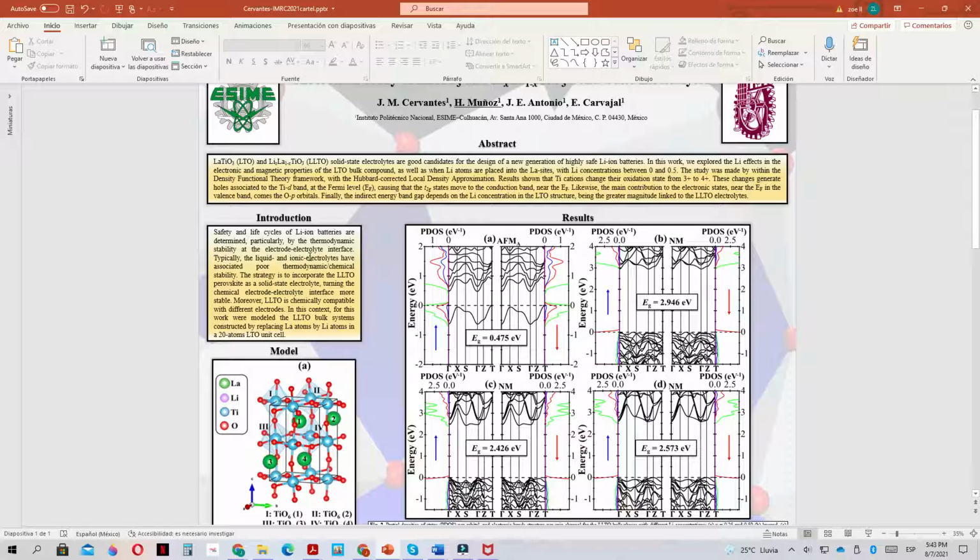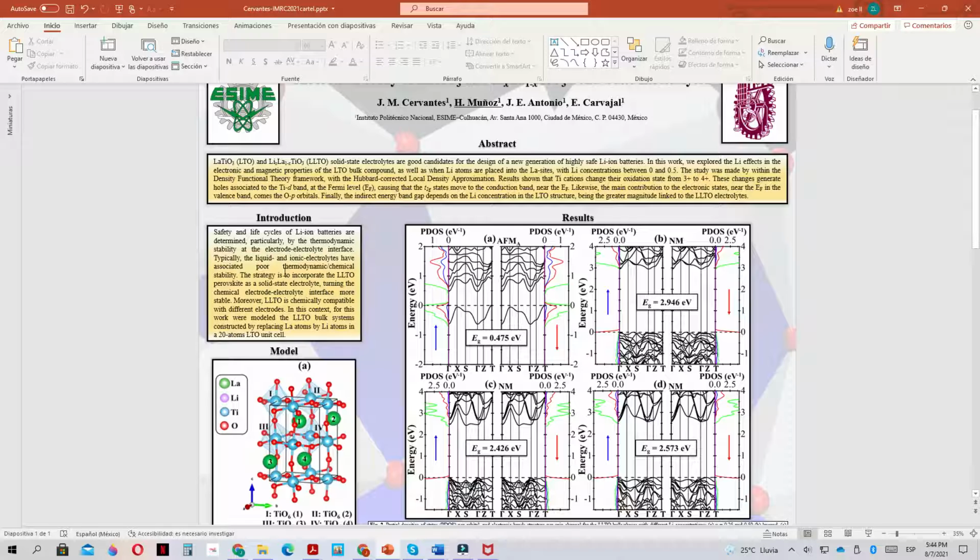Introduction. Safety and life cycles of lithium-ion batteries are determined particularly by the thermodynamic stability and the electrode-electrolyte interface. Typically, liquid and ionic electrolytes have poor thermodynamic and chemical stability. The strategy is to incorporate the LiLaTiO perovskite as a solid-state electrolyte, making the electrode-electrolyte interface more stable.